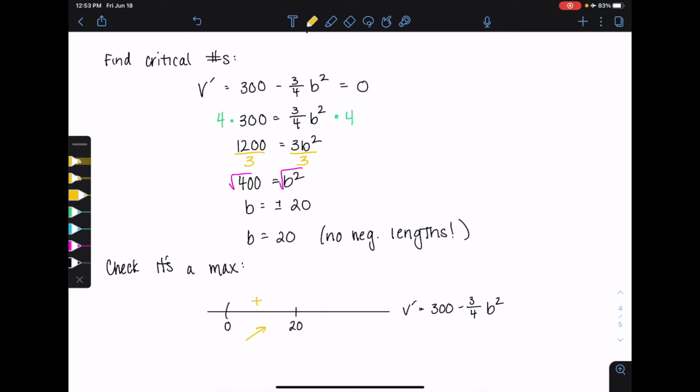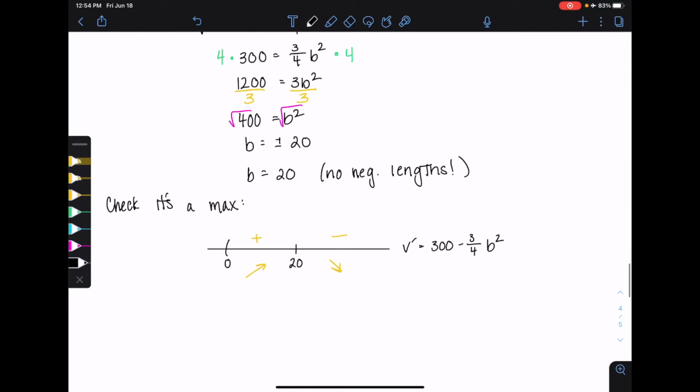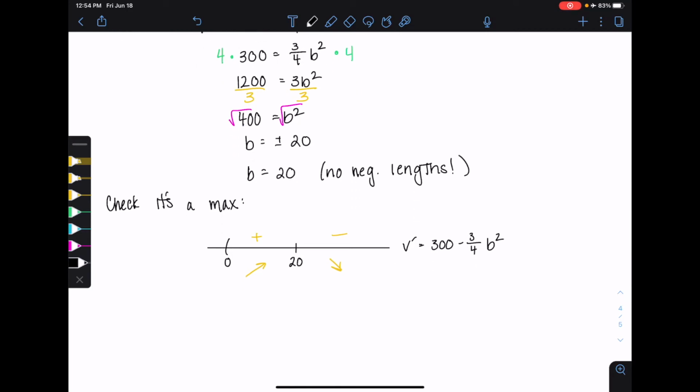If I plug in something on this side, think of plugging in 100 for the length. 300 minus 3/4 times 10,000 is going to be huge, definitely going to be negative on this side. So my graph will be decreasing afterwards. And there's no other critical number that makes sense. So ultimately, there is an absolute max when b equals 20.